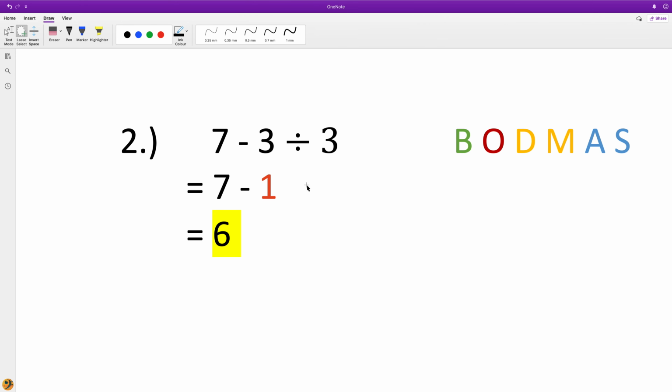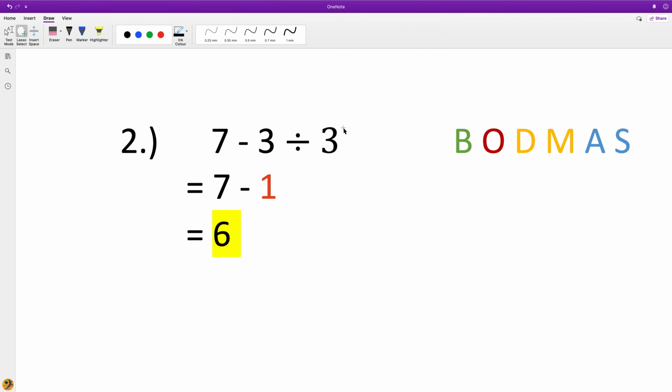Feel free at any point in time to pause this video and work these out on your calculator. As long as you type it in exactly as it appears in the operation, you'll get the right answer. So using our BODMAS rule, we have a subtraction symbol and we have a division.